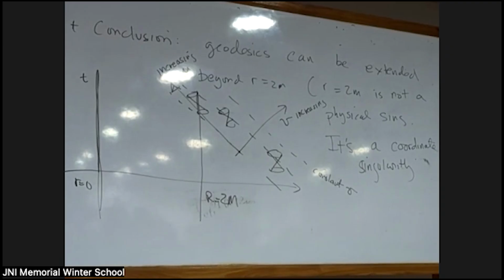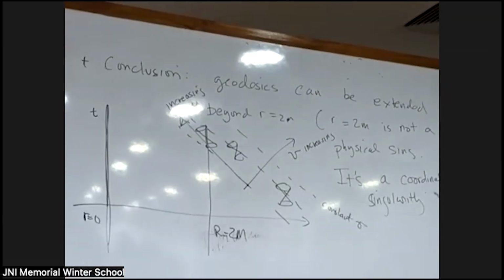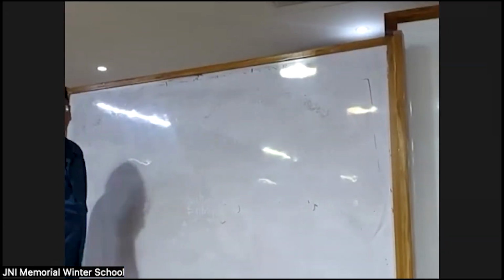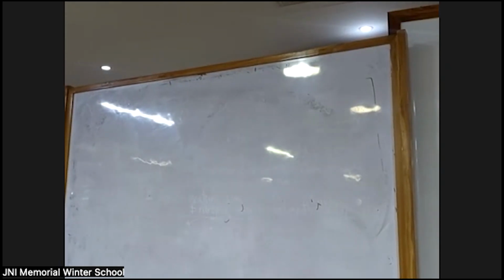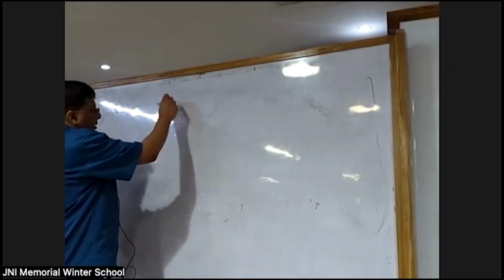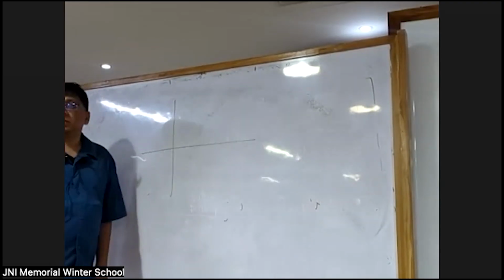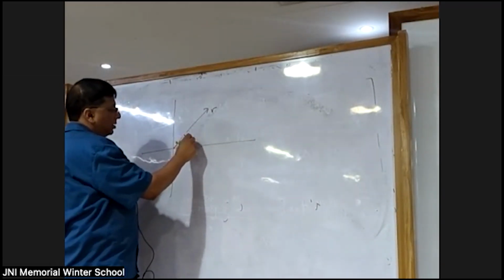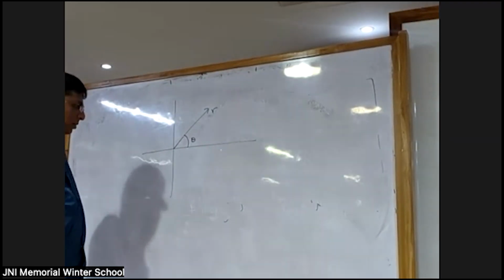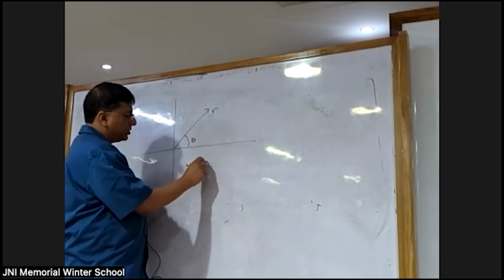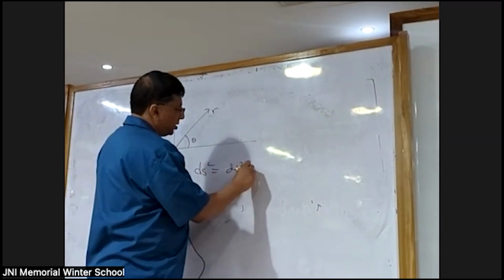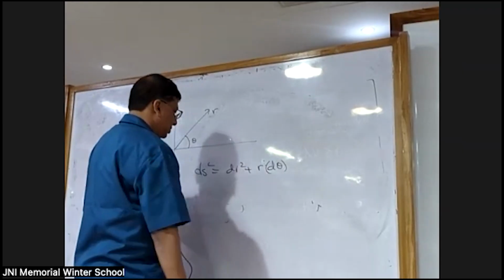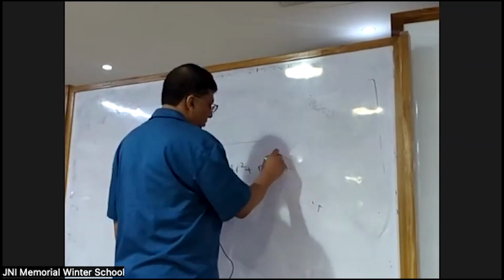So let me give you an example of a coordinate singularity that you're familiar with. If this is the plane, this is the radial direction r, and this is theta. Then your metric is ds squared equals dr squared plus r squared d theta squared.